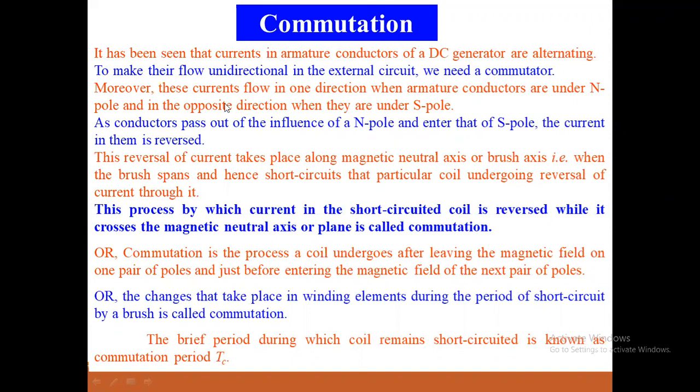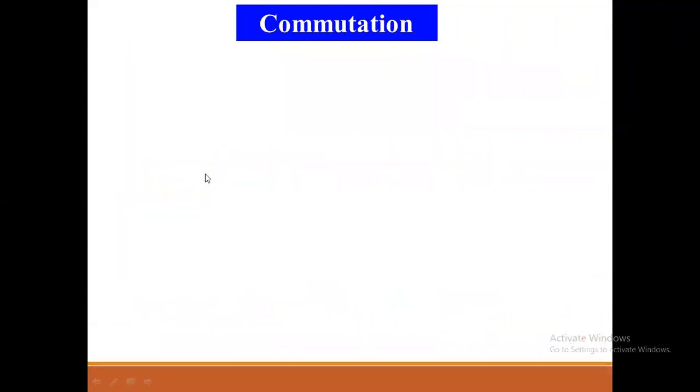So when it changes pole, at that situation the direction will be opposite to the earlier one. As the conductor passes out of the influence of the N pole and enters that of the S pole, the current is reversed. This reversal of current happens within a fraction of a second.